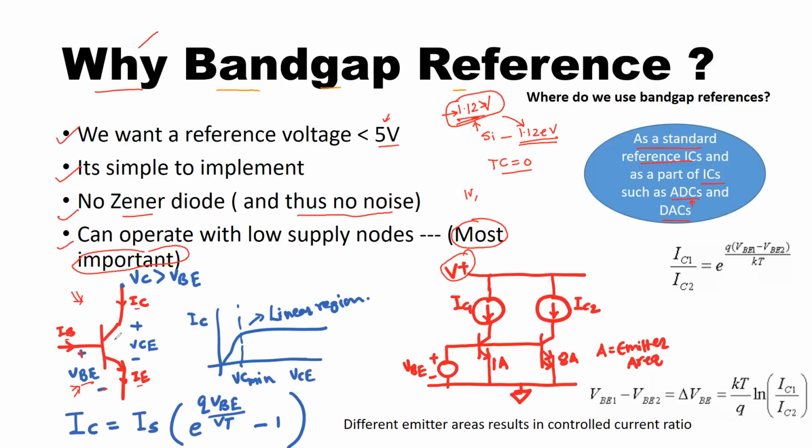In the previous modules, we saw that we use a resistor, for example, and then we have this V plus, and then we use this diode-connected transistor, for example, right here.